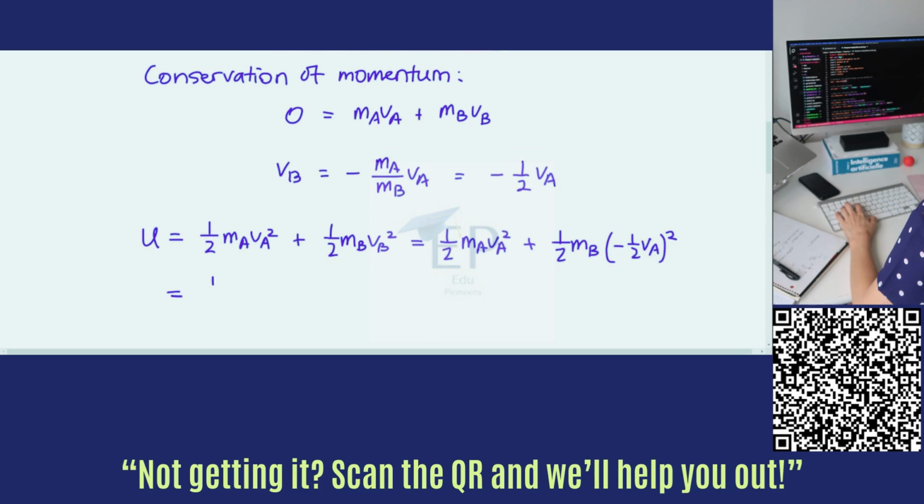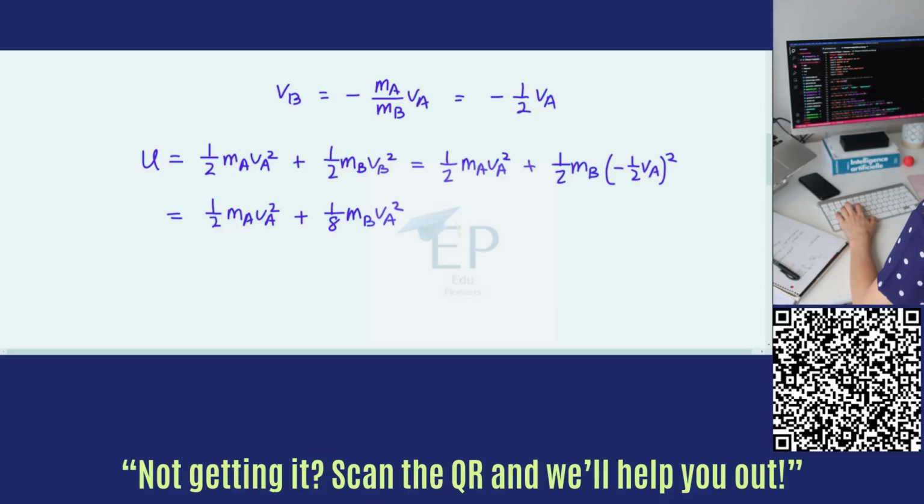And so we have half times 5 times 10 to the negative 3, plus mB divided by 4, which is 0.01 divided by 4, and then we have vA squared. Just group the terms.